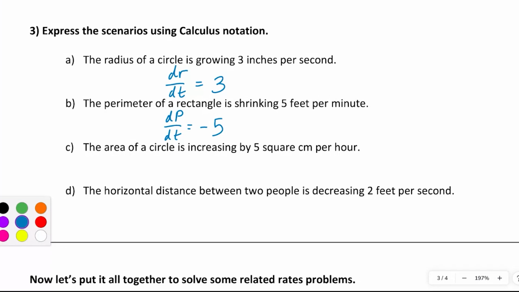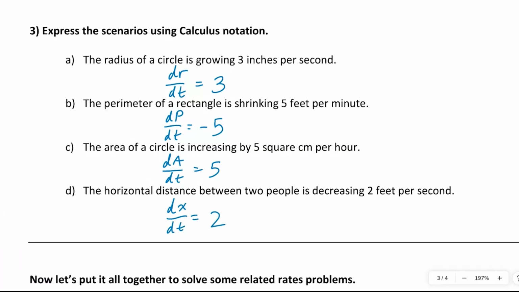If the area of a circle is increasing by 5 square centimeters per hour, that's the change in area with respect to time. If the horizontal distance between two people is decreasing, they're walking towards each other, then the change in x with respect to time will be negative 2.